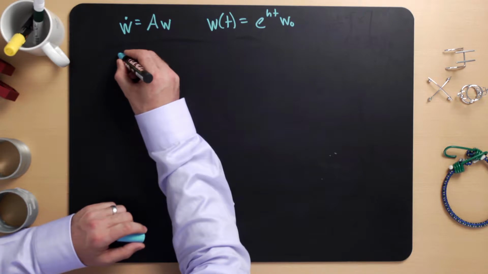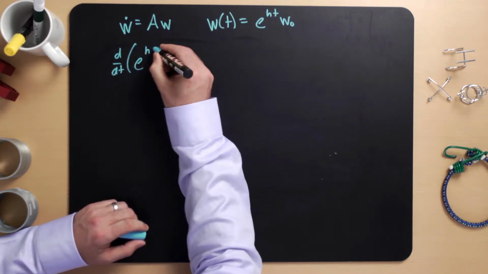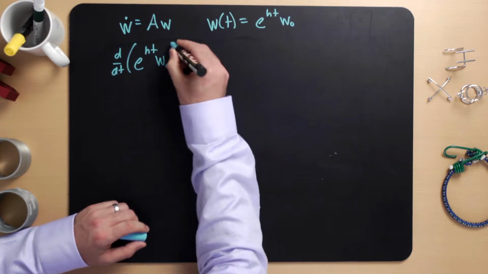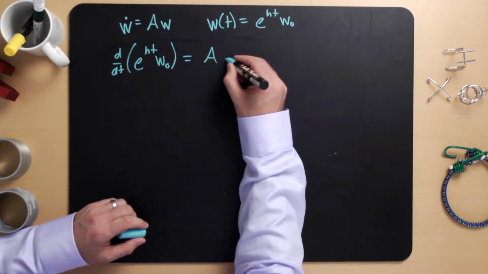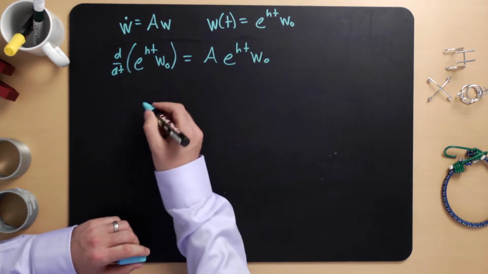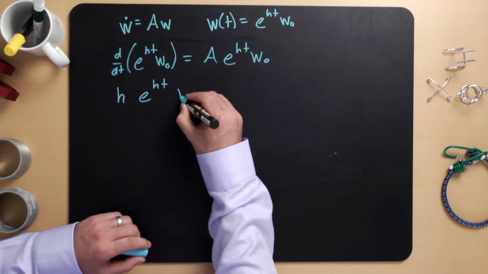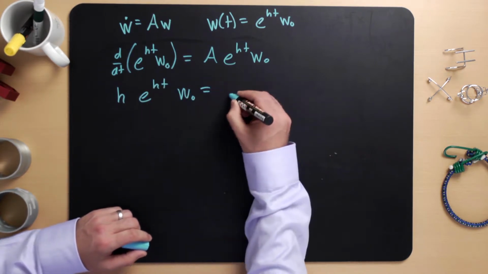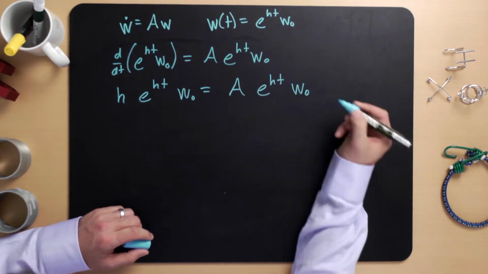If I plug this exponential into w dot equals A w, I get d/dt of e to the ht w0 is equal to A times e to the ht w0. And if I take this time derivative, I get h times e to the ht times w0 is equal to A times e to the ht times w0.